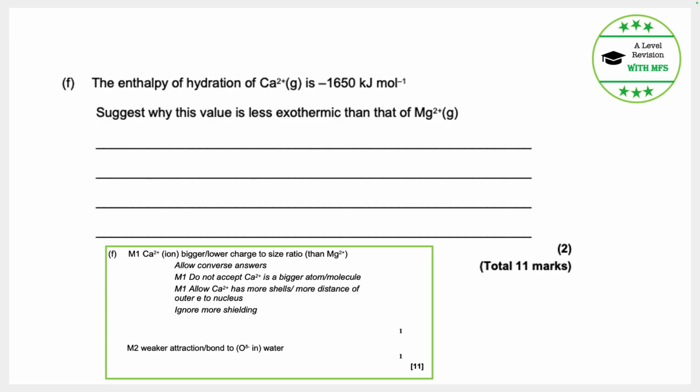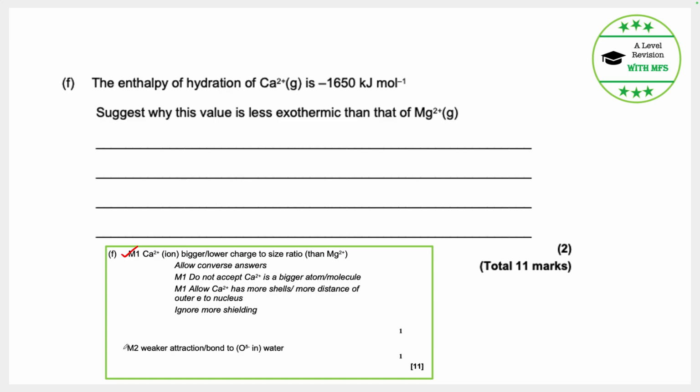Or you could have said that the calcium ion has a lower charge to size ratio. Any of those two are fine. That would get you 1 mark, saying that the calcium ion is bigger because it's lower down the group, more shielding, lower attraction between the outer shell electrons and the nucleus.